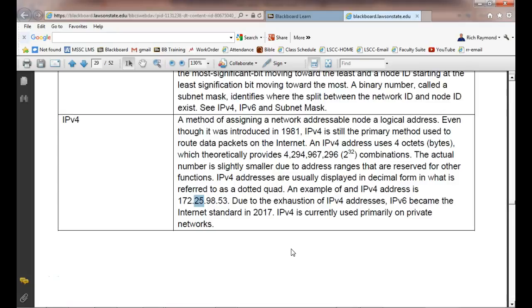How many people are in China? So they could literally use half of these, right? If everybody in China, they got like 2 billion people over there, they could literally use half of these. And just think about the number of IP addresses you use. How many do you use at your house? A lot.